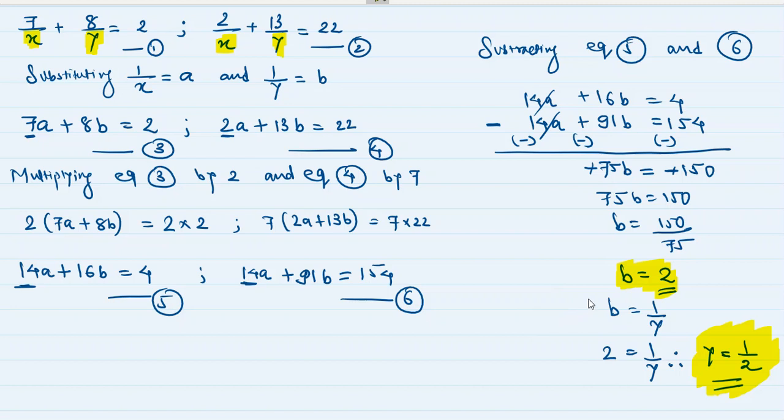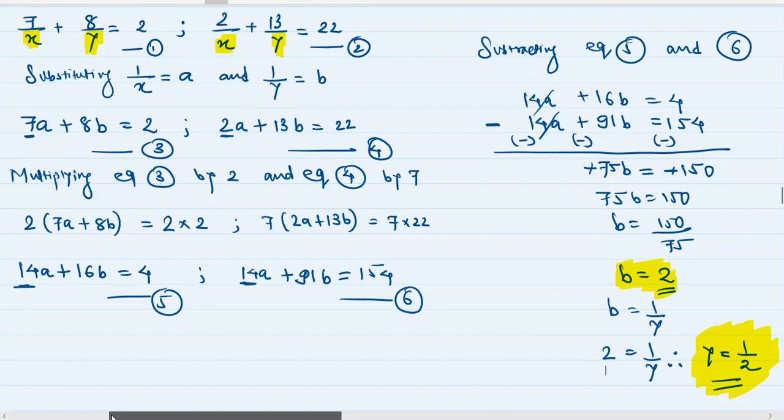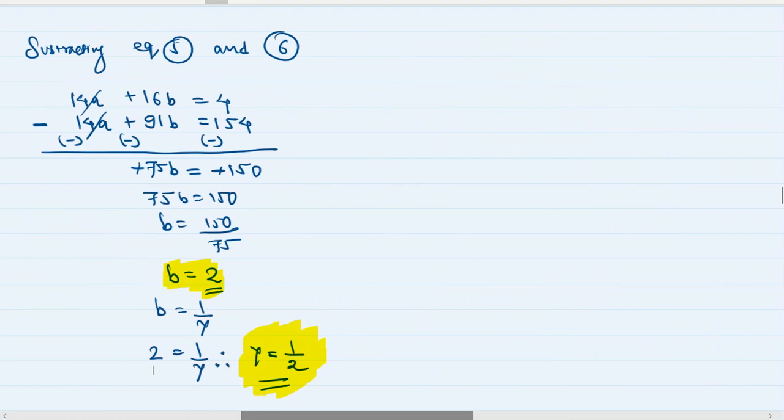Okay, now what we'll do? Now we can substitute the value of y in any of equation 1 or 2, and we can simplify it and get the value of x, right? Let's do that. So we'll substitute the value of y in equation 1. Substituting, always remember these statements which I am writing, they are compulsory.